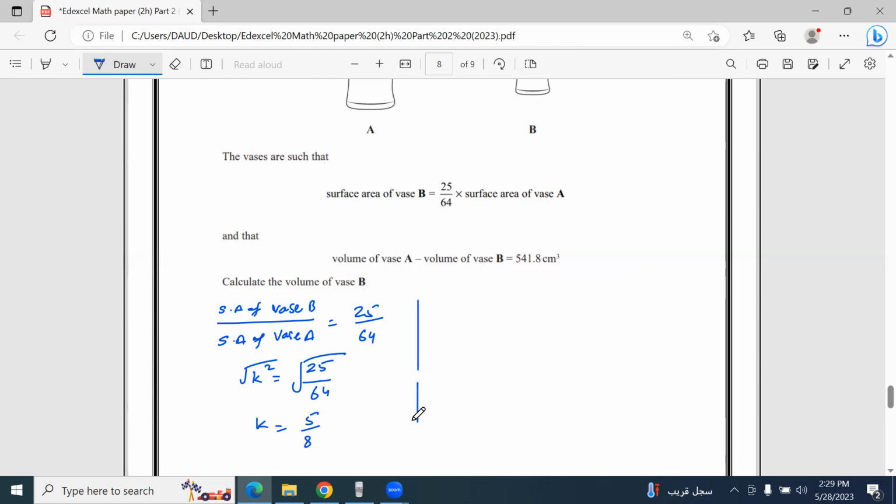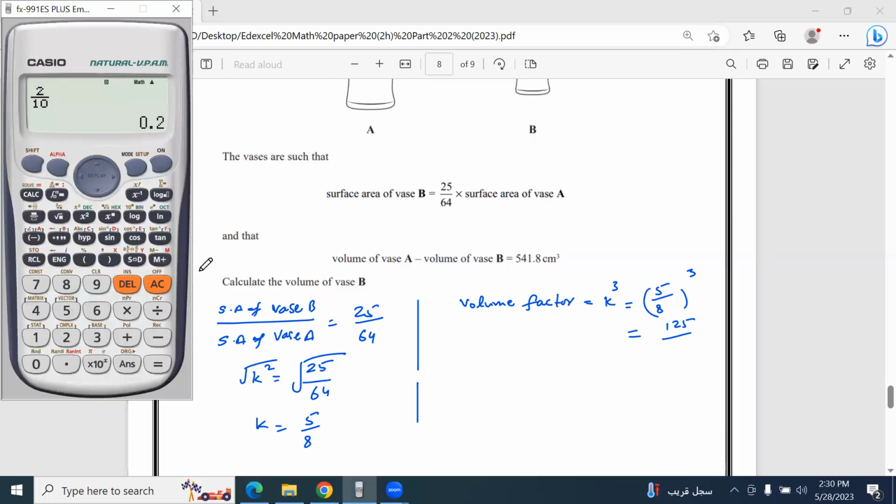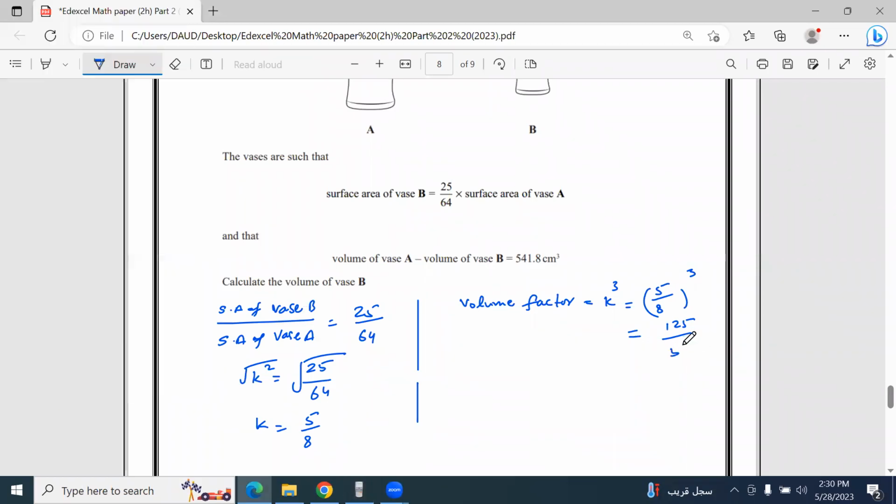But we are looking for the volume factor. Remember that the volume factor is k cube, meaning 5 over 8 whole cube. That gives us 125 over 8 multiplied 3 times. We can check here: 8 power 3 gives us 512.